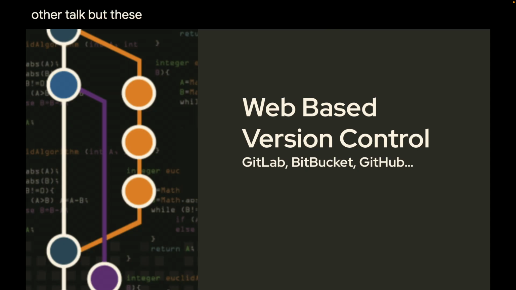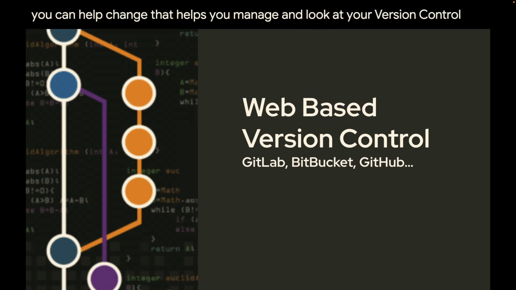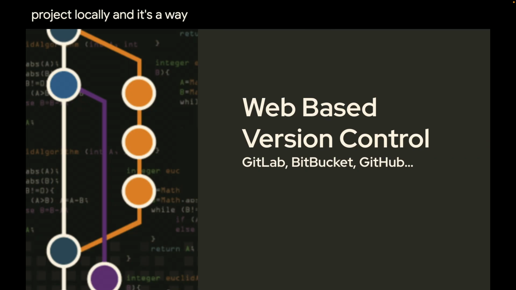But these platforms provide us with a really rad visual interface that helps you manage and look at your version control project locally. And it's a way to make your code public as well. You know, on Drupal.org, we have everything on GitLab. It's a public repository that everyone can work in.